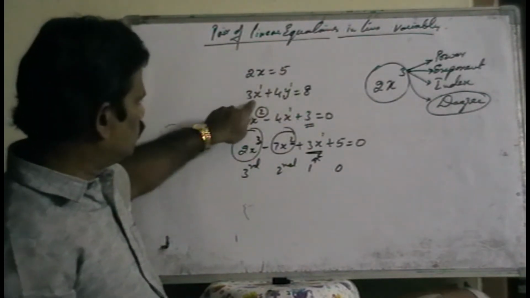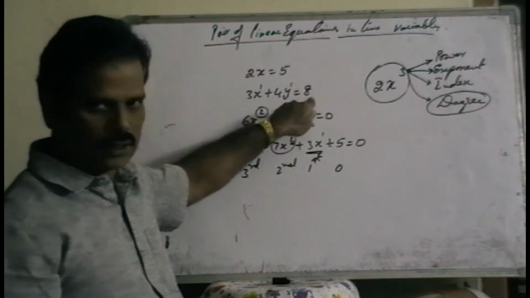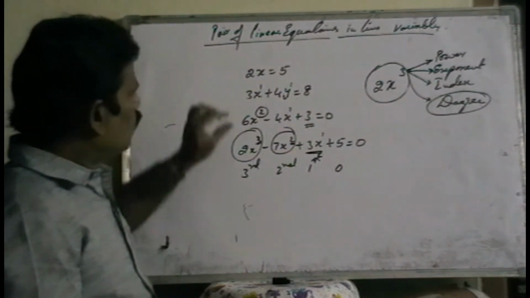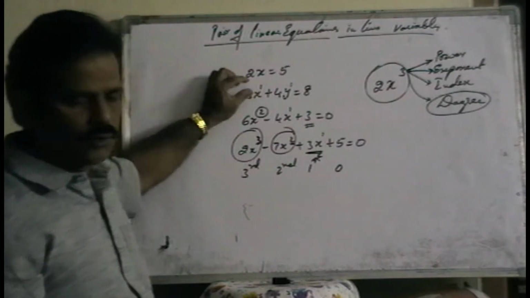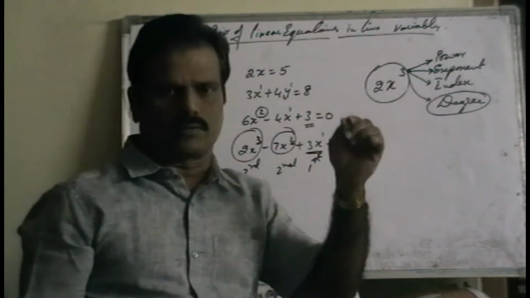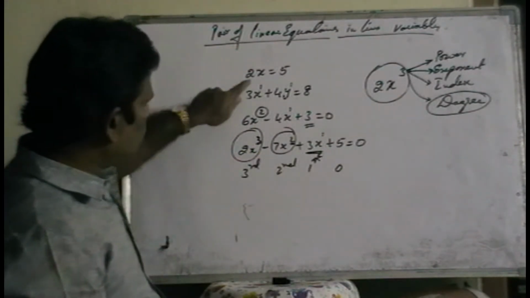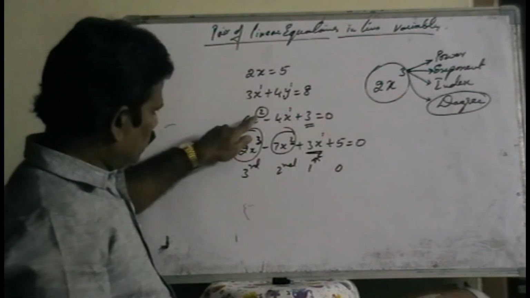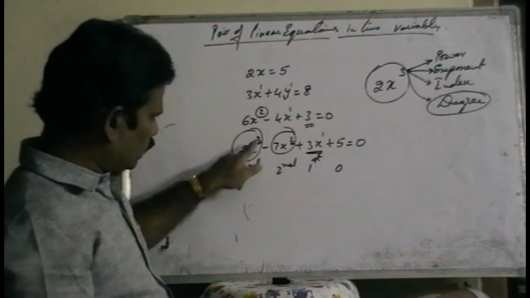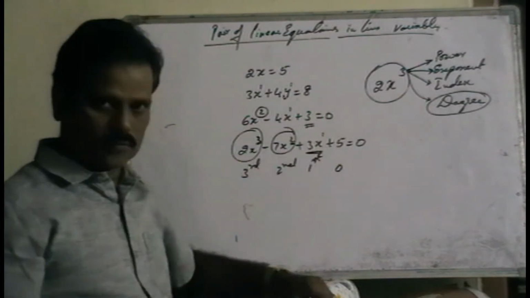But here first degree, constant 0 degree. Now the degree of the term means what? It is nothing but simply the power of the variable. Power of the variable is called degree.